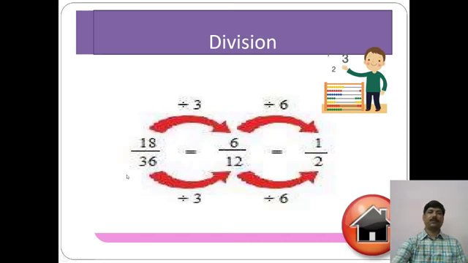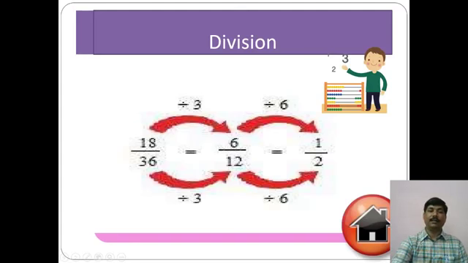Example, if there is a fraction 18 upon 36, and the numerator and denominator are divisible by the same number, then you can divide both values by that same number and you will get the new quotient.